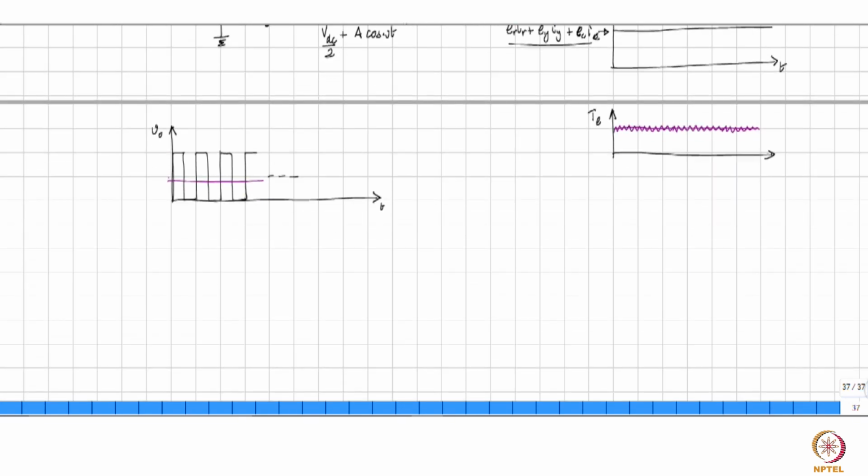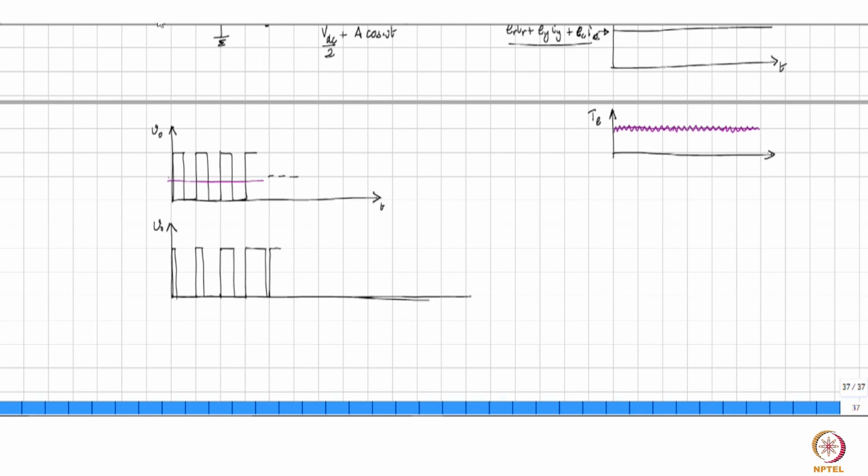But now instead of this, suppose you develop a waveform which is like this. What will happen to the average?